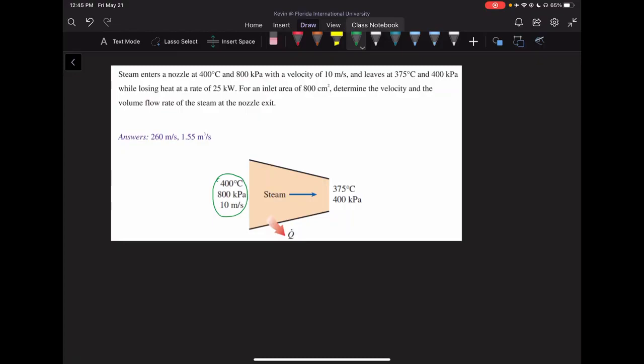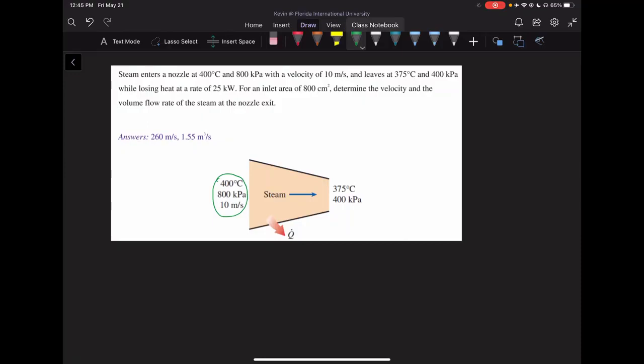Okay, so we're given the heat loss rate. For an inlet area of 800 centimeters squared, determine the velocity and the volume flow rate of the steam at the nozzle exit. Okay, so we're going to have to determine the velocity first and then the volume flow rate.